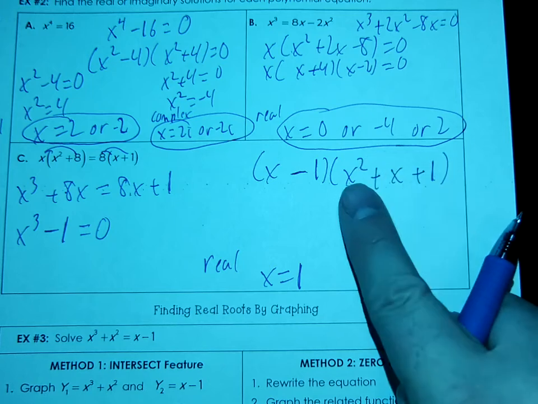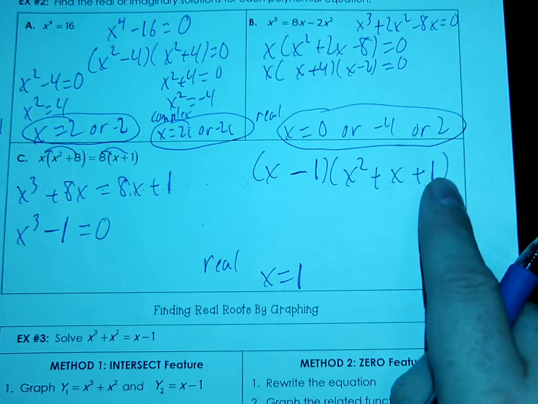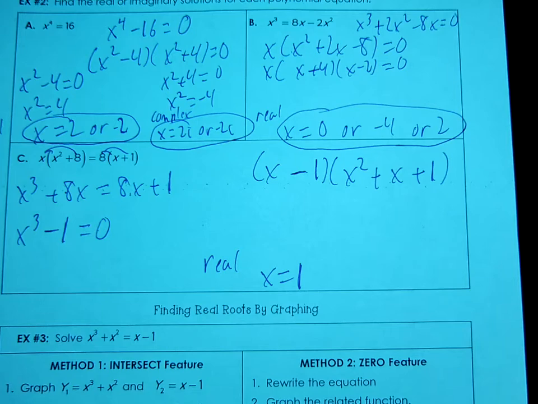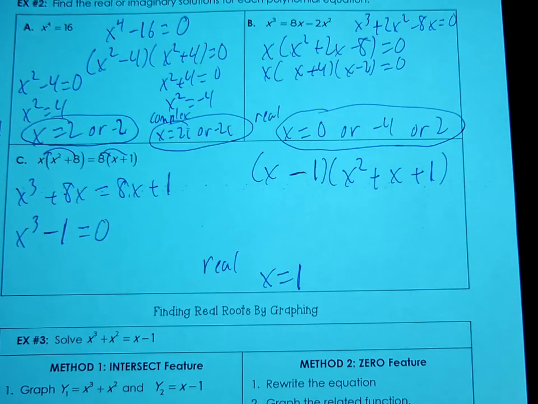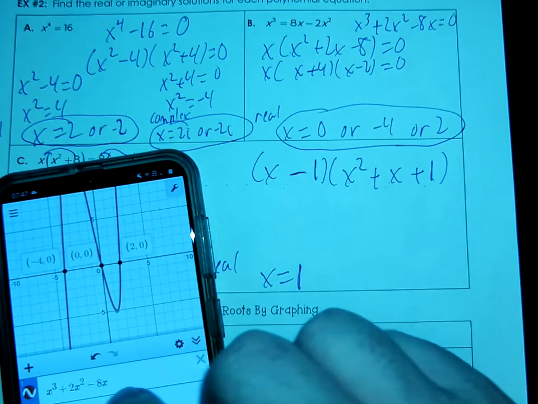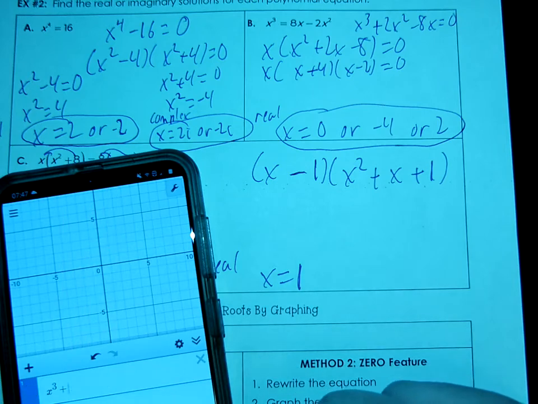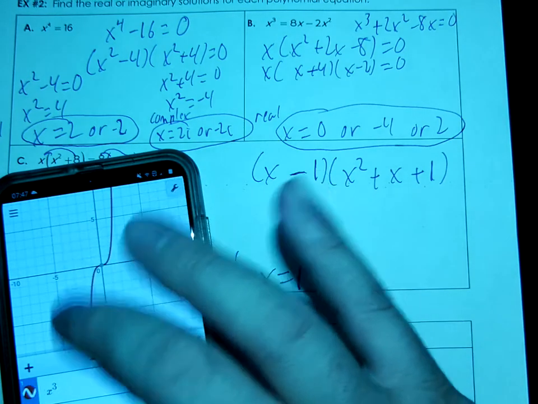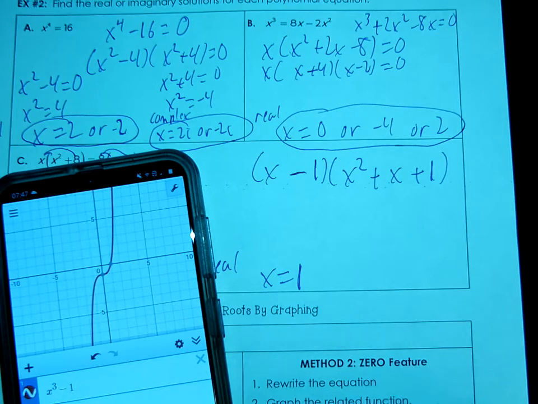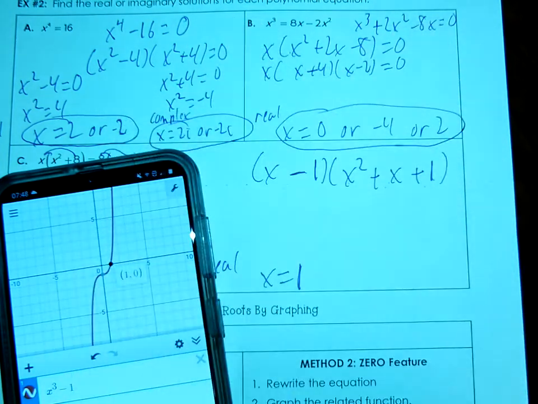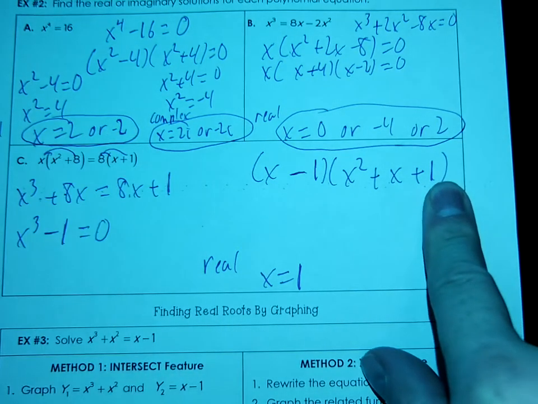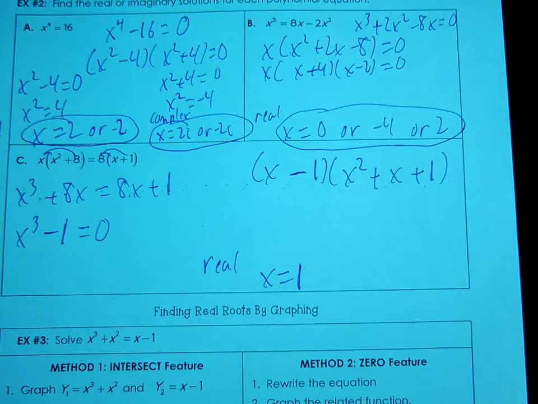So does this in fact have real zeros? I could use the quadratic formula, or like I said before, if I want to see if those are real zeros, it's very quick on a graphing calculator, just by typing it in. So I have here x cubed minus 1. And you can see here it's only got one real 0, at x equals 1. That tells me these other zeros are imaginary, complex zeros. How do I find them? Well, the most efficient way to find those would be the quadratic formula, because that will give you all of the zeros of a quadratic.